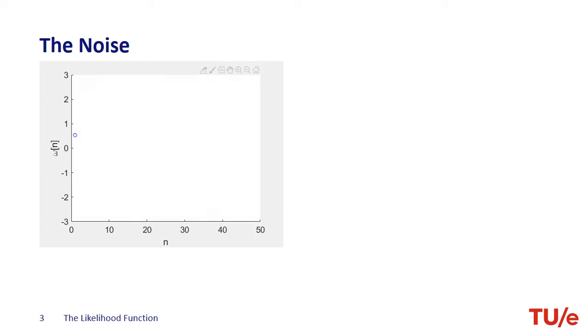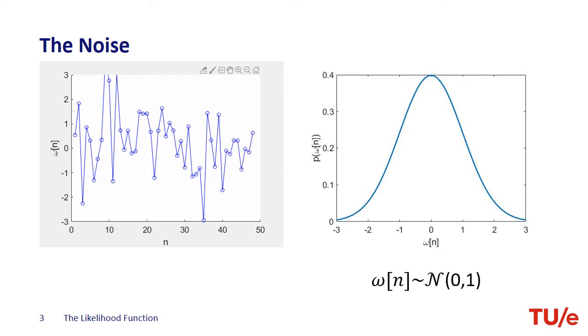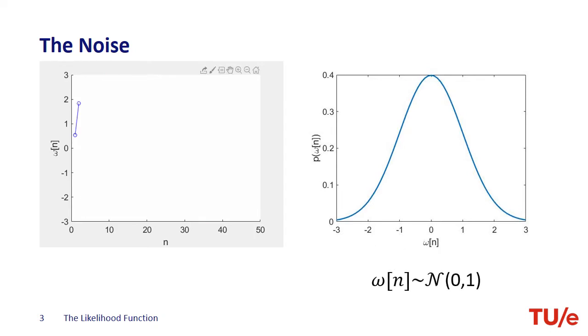We have probability values associated with all the possible outcomes of the sampling. In other words, we have a noise model in terms of a probability density function. The noise example you see on the left-hand side is generated by drawing samples from a normal distribution with zero mean and variance equal to 1. The probability density function for a noise sample is plotted on the right-hand side.